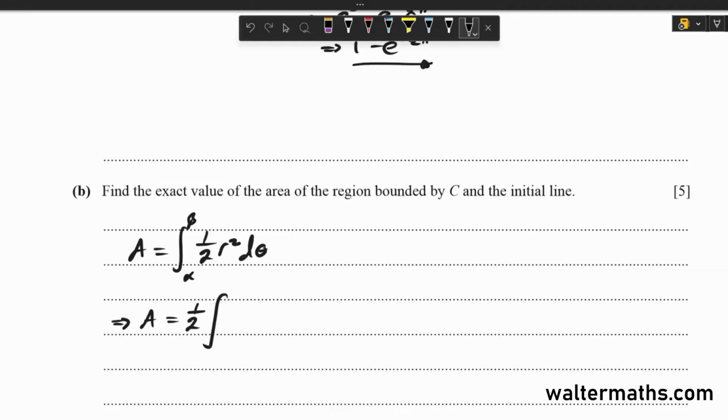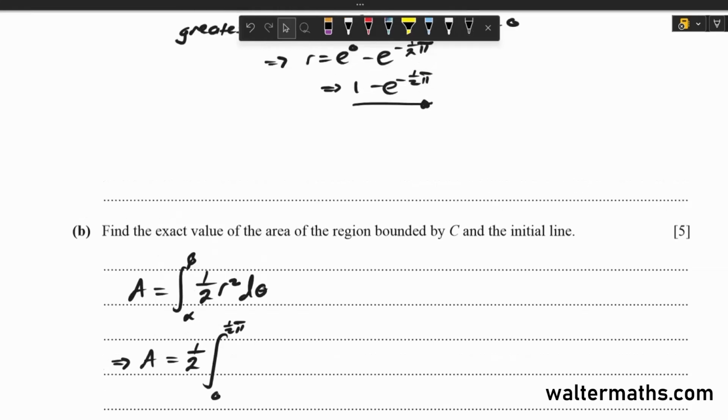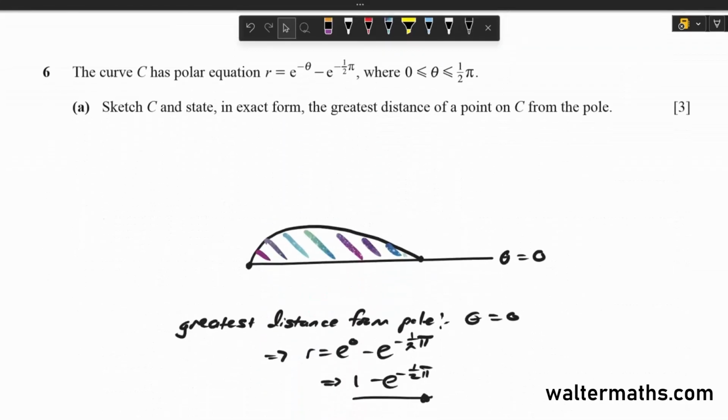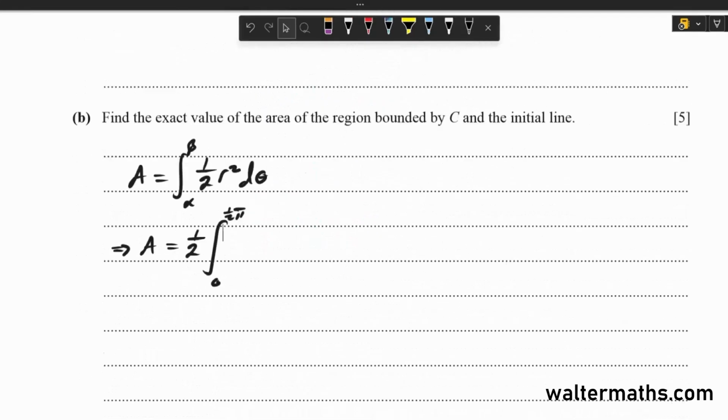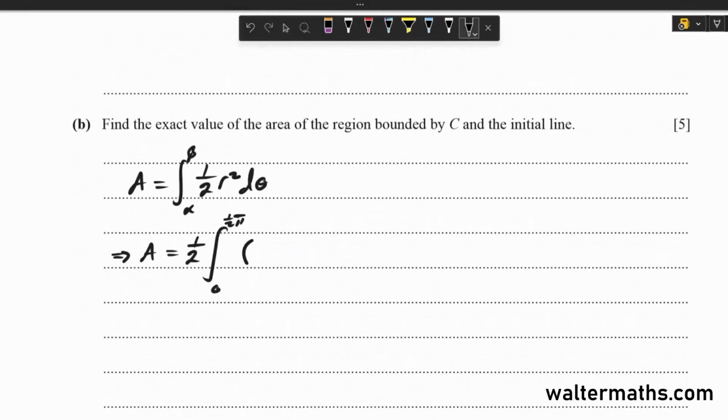half of the integral of r squared with the limits 0 to a half pi. Remember, r is e to the minus theta minus e to the minus half pi. So we're going to have that here: e to the minus theta minus e to the minus half pi, squared, and it's with respect to theta, right?